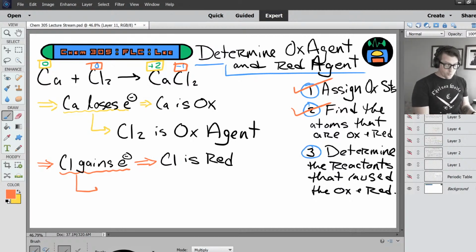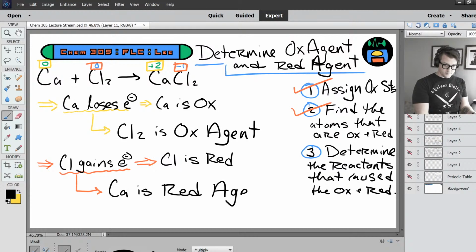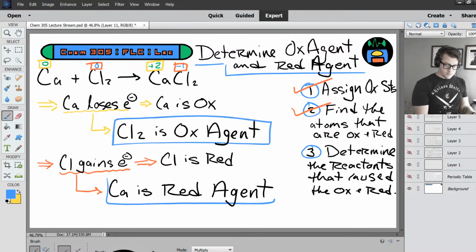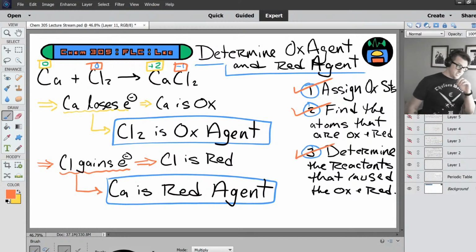When you ask yourself, what is the reactant that caused chlorine to gain electrons, the answer is calcium. Calcium caused chlorine to gain electrons, so calcium is the reducing agent. And this third step is what we're being asked to do in this problem.